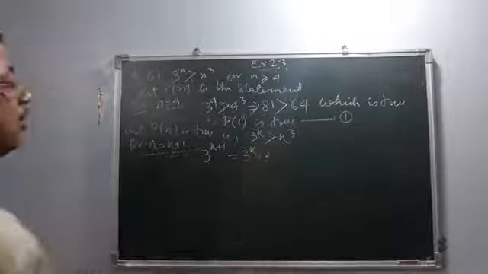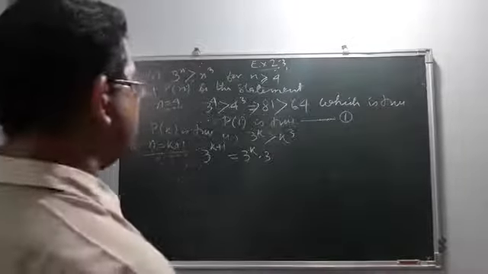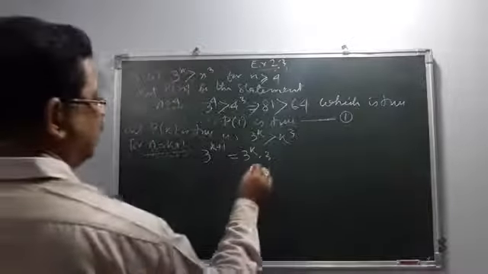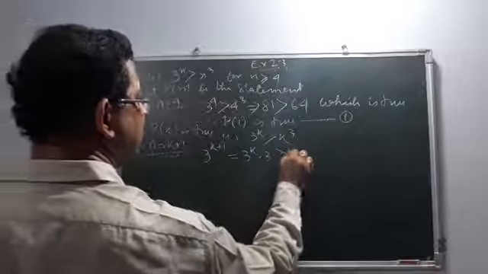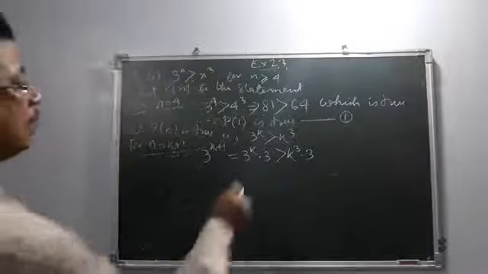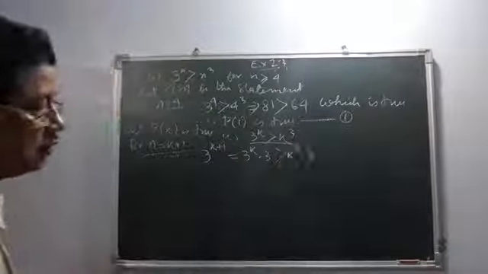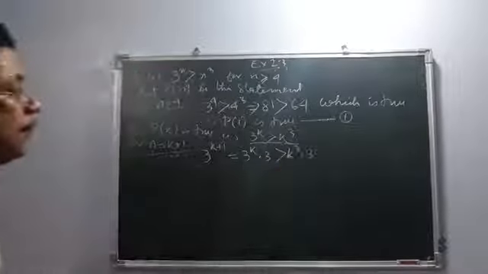Now our target is what? To show that it is greater than (k plus 1) to the power 3. Can it be written as greater than k cube into 3? How? By using this one: this is greater than k cube, so the total thing is this into that.